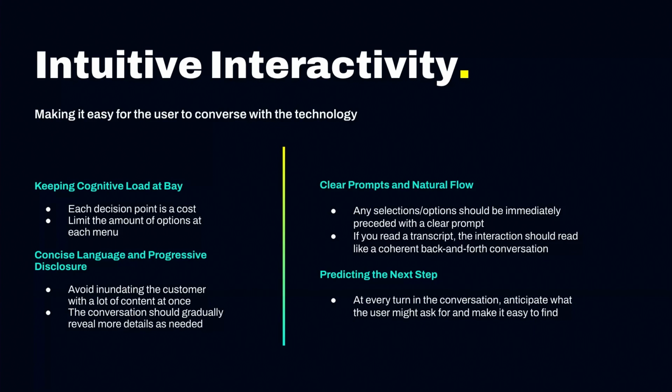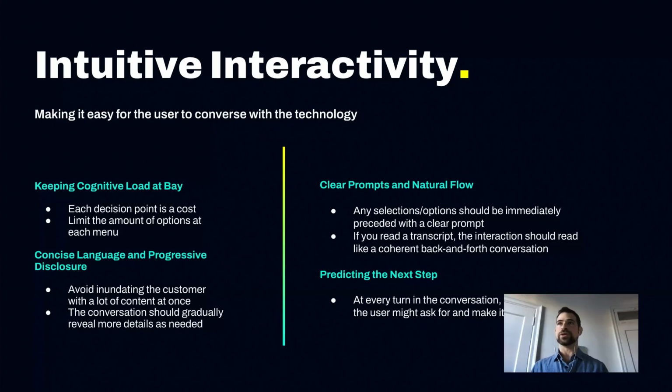Next, I want to talk about just how we can make the overall interaction feel more intuitive, because while we're kind of bridging on that user-centric approach, we want to also make it just as easy as possible to interact with. So the idea of cognitive load here, I like this notion a lot.